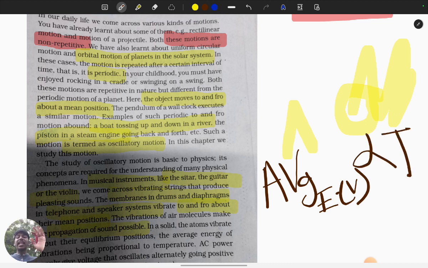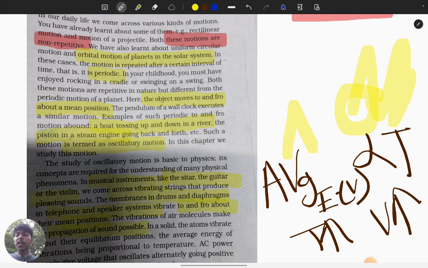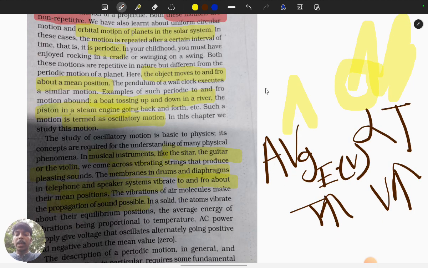So when temperature increases, vibration average energy also increases. The kinetic energy of vibration also increases. Okay, so let's move on to the next one.